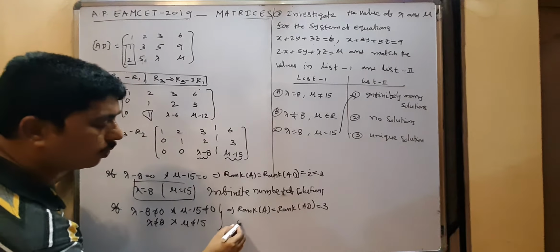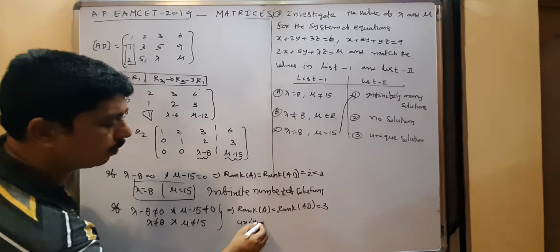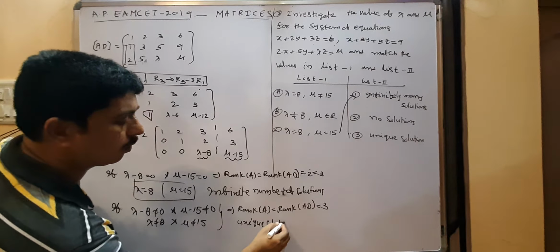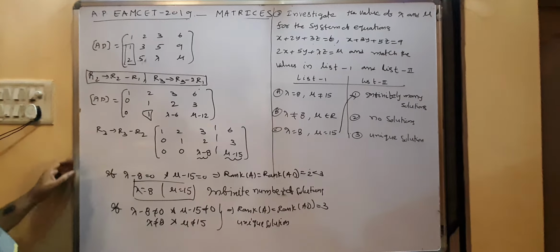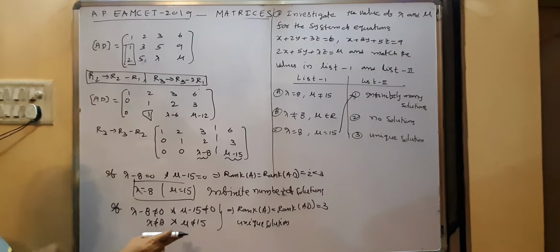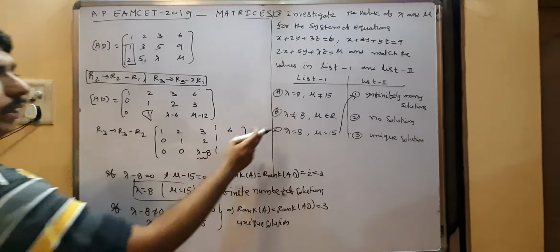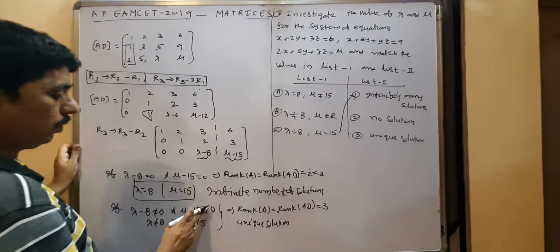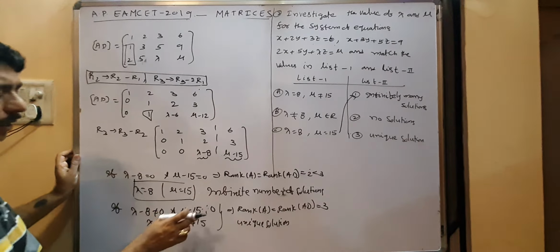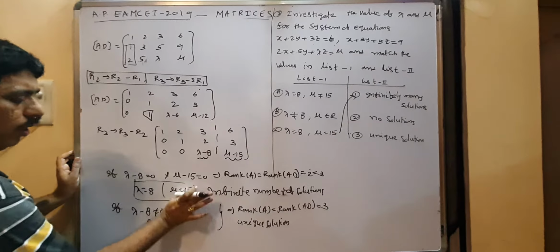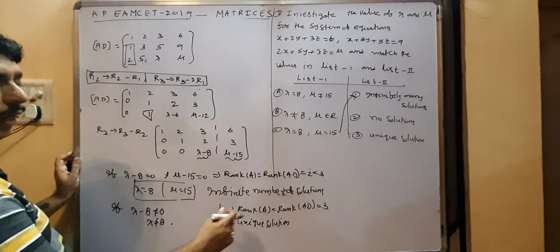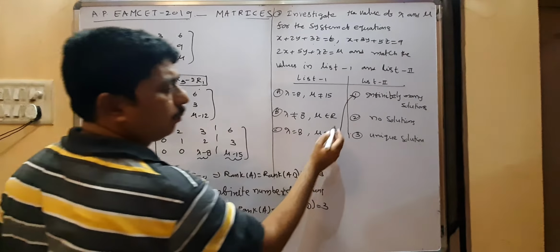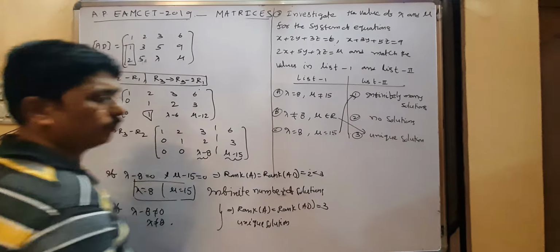You have a unique solution. Unique solution means lambda not equal to 8 and mu belongs to R. Mu belongs to R also, it is possible. Lambda not equal to 8 means obviously rank of A equal to rank of AD equal to 3 we will get. Then mu belongs to R, unique solution.